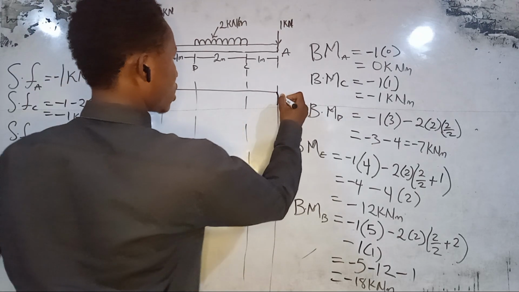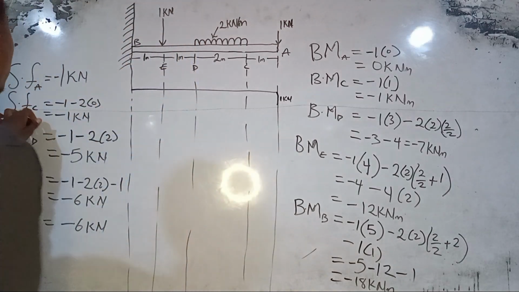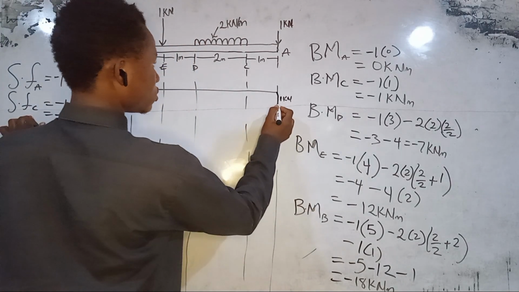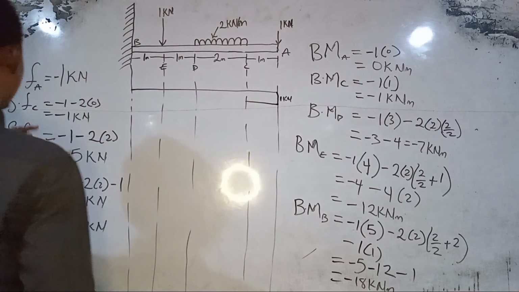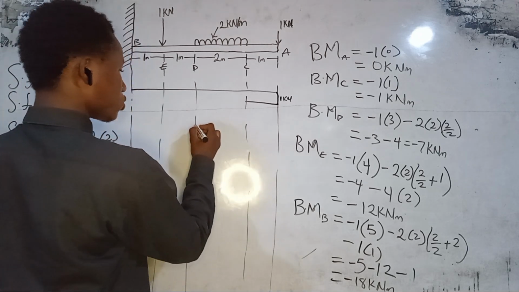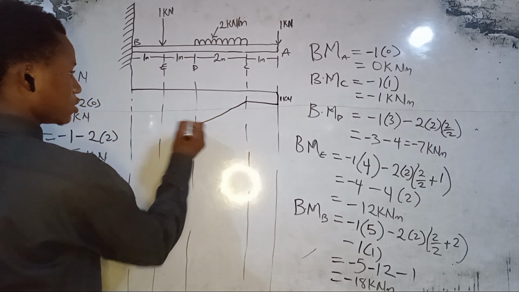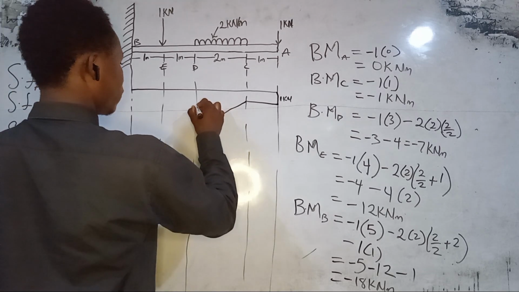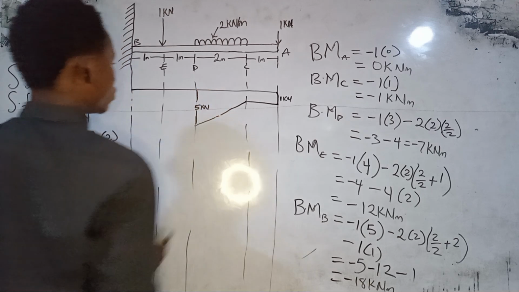We take minus 1 here, this is 1 kilonewton. Then our shearing force at C is still 1. Then our shearing force at D is minus 5. So D is somewhere like minus 5 here. We draw our diagonal line here, minus 5. So we have 5 kilonewton. That is the distance from here to here.